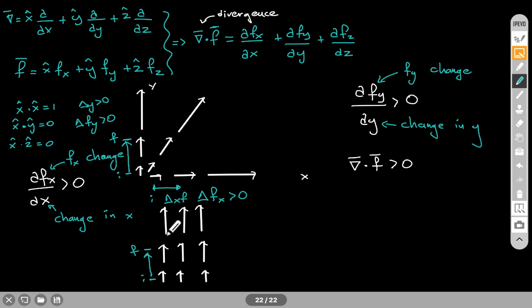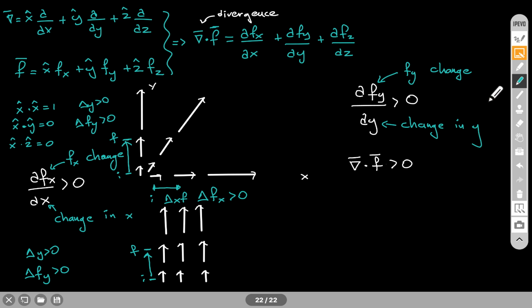I can see, as before, that the y component of the function changes, it increases. So for a positive delta y, I have a positive change in the y component of the force.